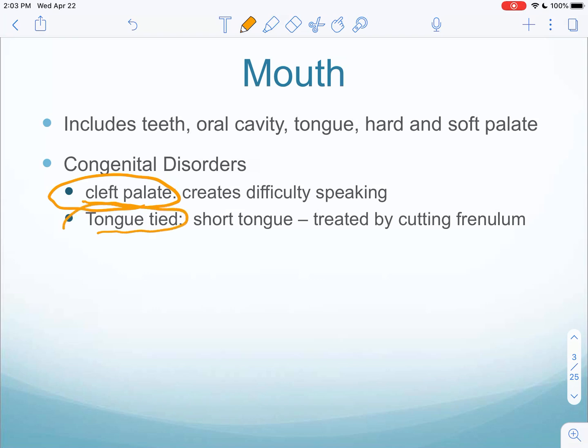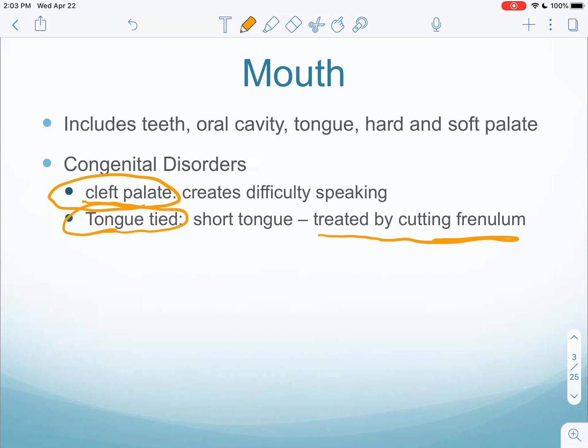The other one here is tongue-tied. Tongue-tied is when you have a tongue that's a little bit short. It may make it more difficult to speak and move food around the mouth. That can be treated, and if we had done a poll in class, probably somebody would have had it done themselves or known someone. It usually comes up that people know folks that have had their frenulum cut.